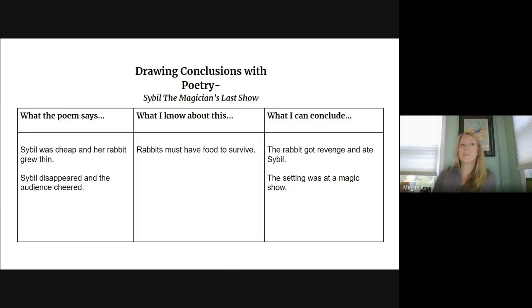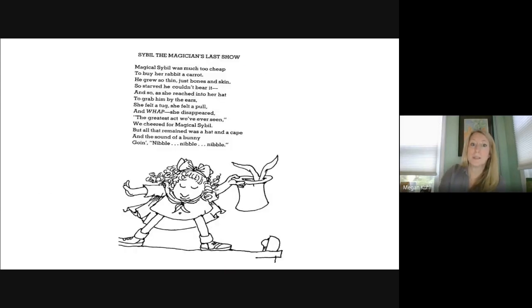So what does the poem say about Sybil? Sybil was cheap. It says that in the first line. Magical Sybil was much too cheap to buy her rabbit a carrot.